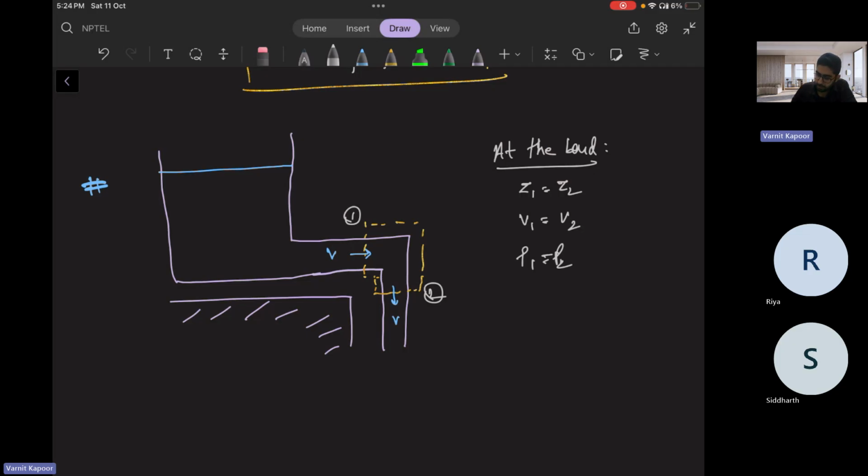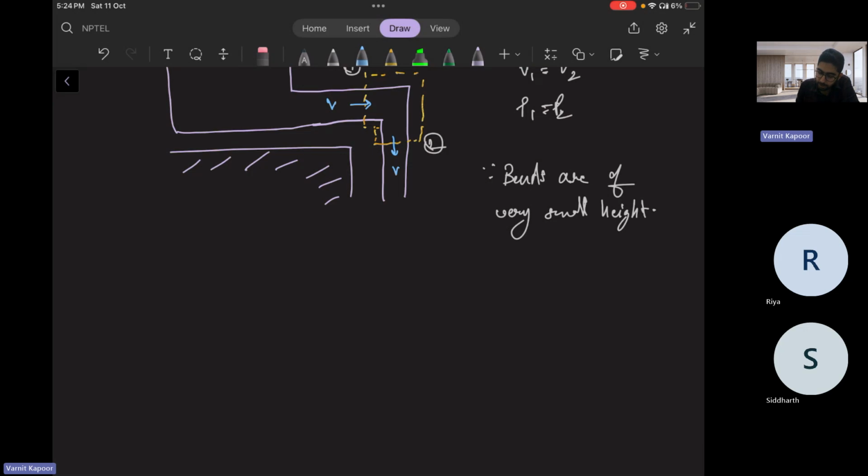Now let us suppose we have another case like this, where we have a nozzle. Because of this nozzle, suppose we assume a fluid element inside it at this position.